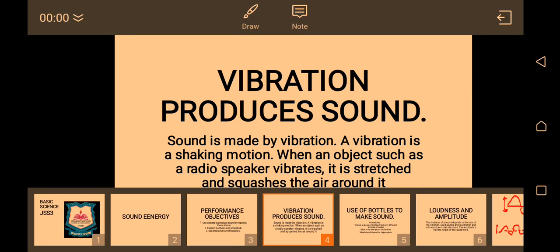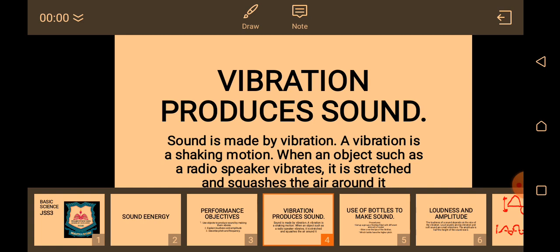A perfect example that we can use is the radio. When you turn on the radio, if the volume is on the higher side, the sound it produces might make the radio move, might make the radio shake. And once it is like that, vibration is said to have occurred.